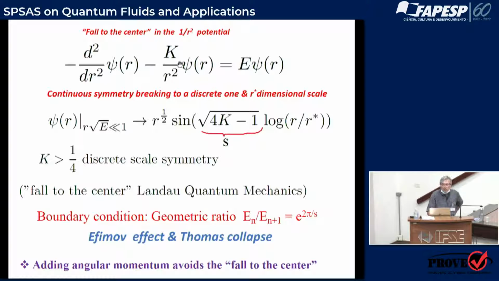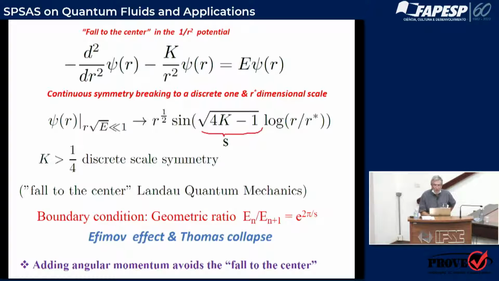Of course, we know that with angular momentum at short distance, the Bessel functions are power law, nothing new. But the interesting thing is that when this coefficient is larger than 1/4, then the fall to the center happens. The system simply collapses.